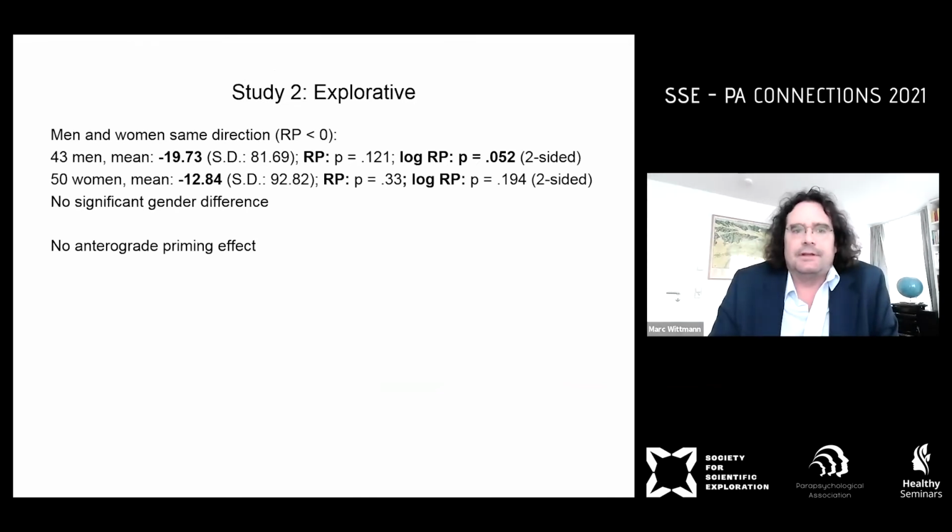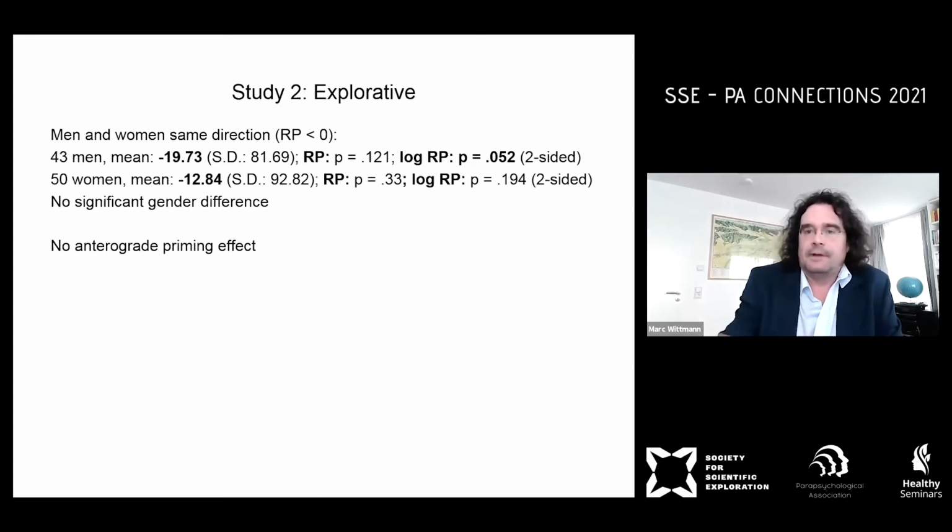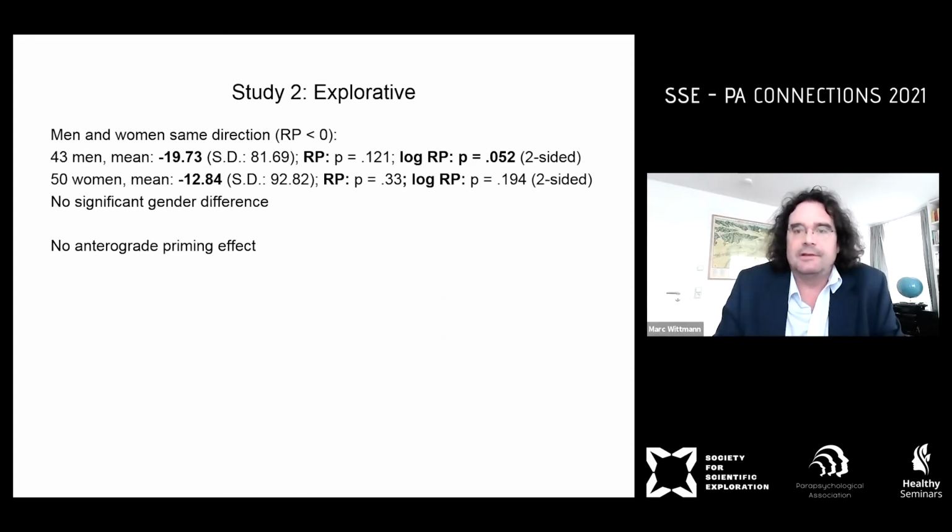So study 2, explorative. Second part, of course, we also want to look now at men and women, because we had this effect in the first study. And here now, to our surprise, we find that both men and women have this negative tendency. In the men, even approaching significance in the log RP, and in women we also have the negative value, which doesn't reach significance.